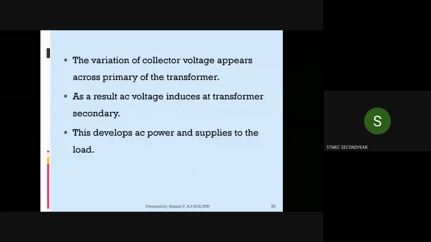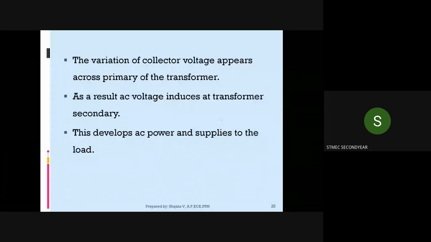This variation of collector voltage appears across the primary of the transformer. So the collector current and voltage variations appear across the primary, and this change in voltage in the primary will induce an AC voltage at the secondary of the transformer, right? As a result of this voltage, an AC voltage is induced by mutual induction at the transformer secondary.